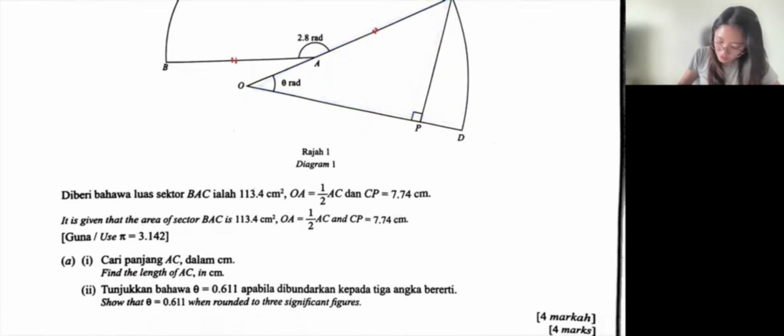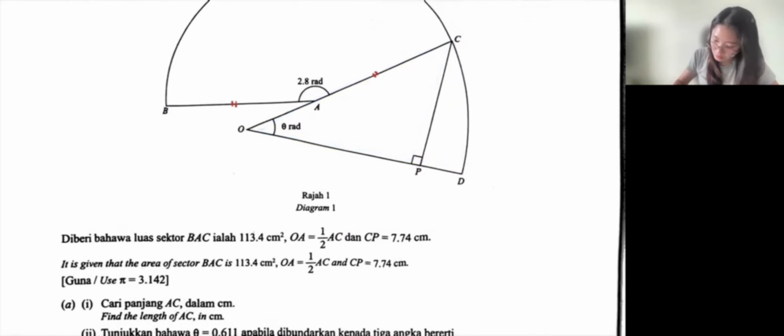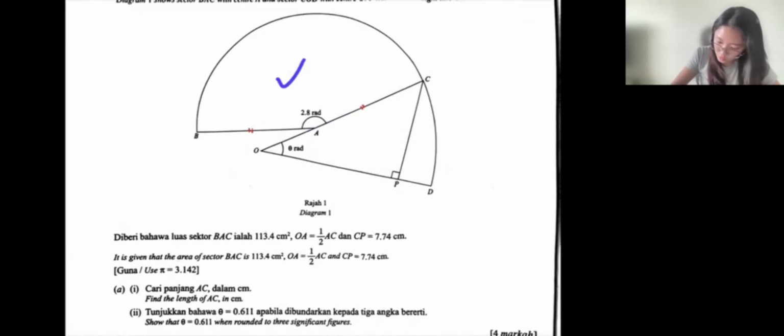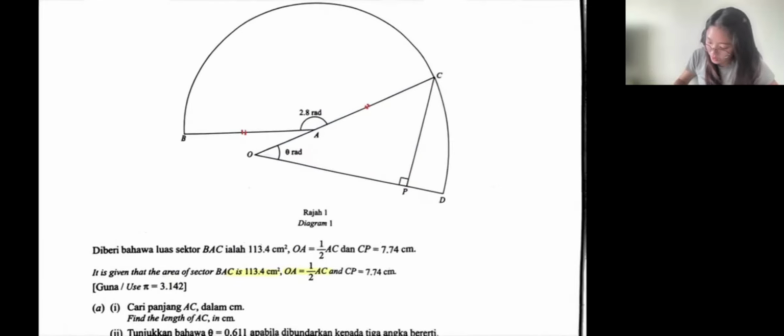It is given that the area of sector BAC is 113.4 cm squared. Then OA equals 1 over 2 AC. OA is here, 1 over 2 AC.